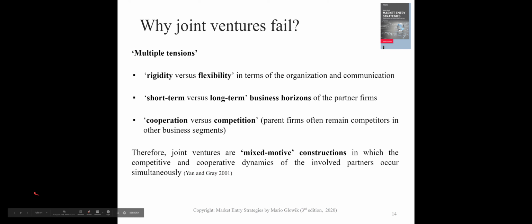So therefore, we should always keep in mind joint ventures are mixed motive constructions in which the competitive and cooperative dynamics of the involved partners occur simultaneously.